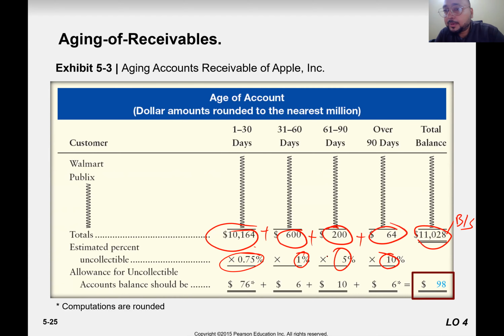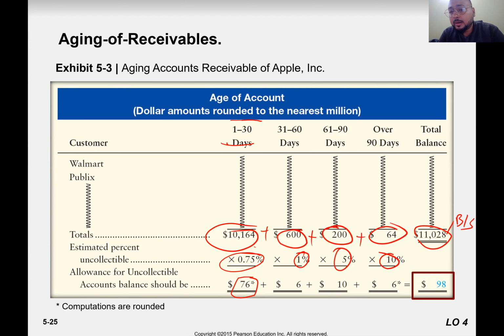So 0.75% is the chance that the amount of $10,164 due in 1 to 30 days is not collectible. So you multiply this, and you find out 76 is not going to be received among 10,164.